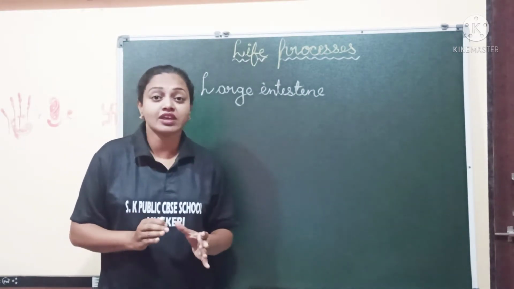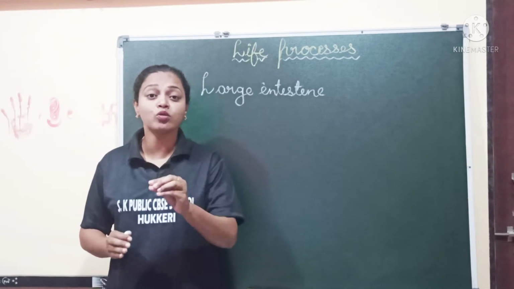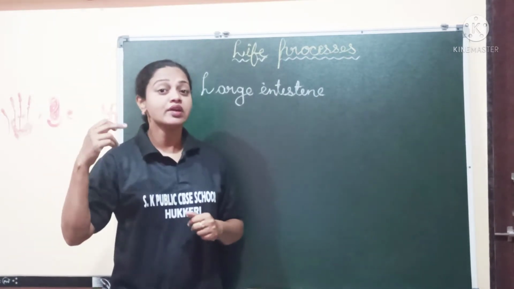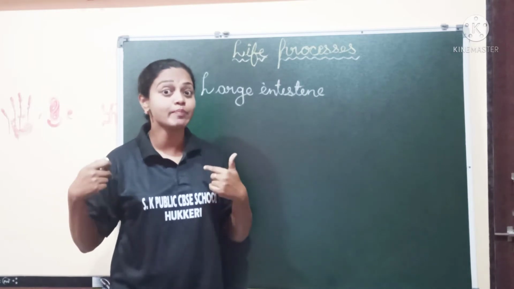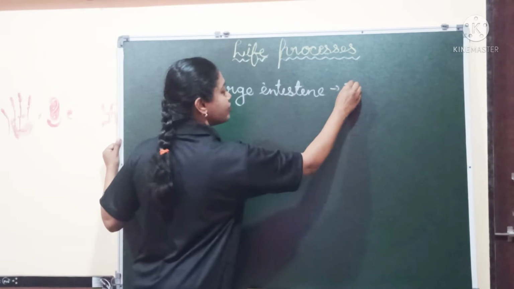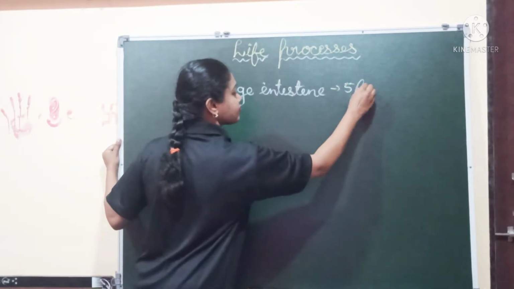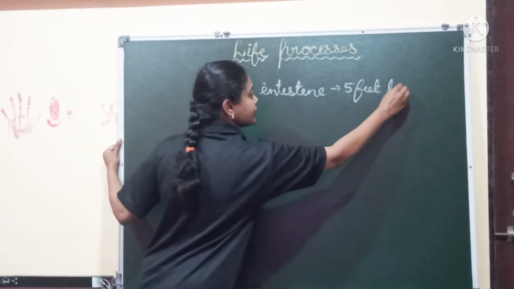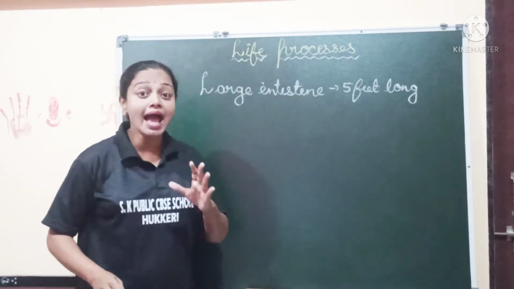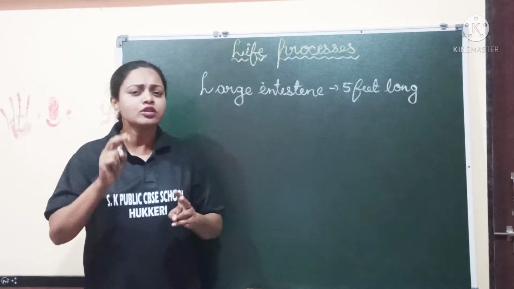The large intestine in human beings is about 5 feet long, approximately my height. This is 5 feet long in our body, and it has two regions.